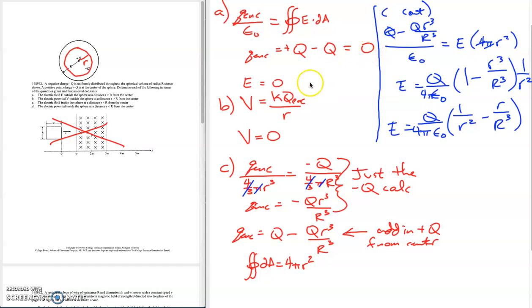The total enclosed charge is 0, and the electric field will be 0. So our answer from C is going to turn into our answer from A once we get to little r equal to big R.